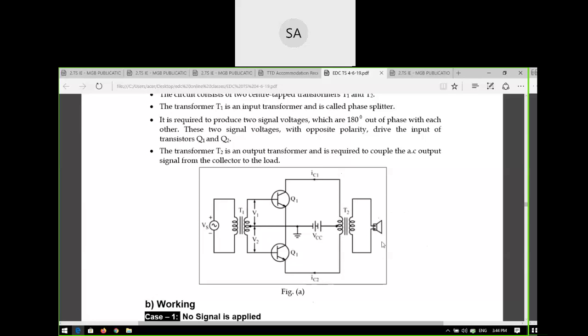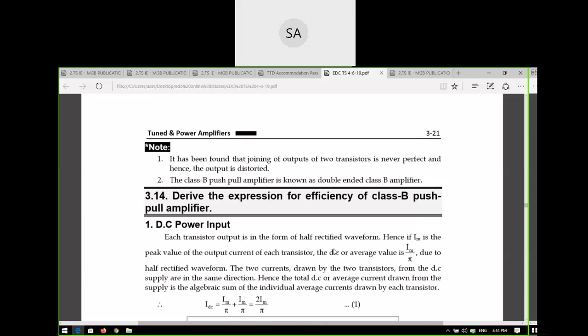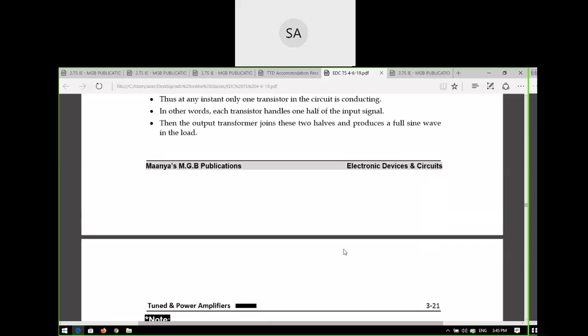But what is the major disadvantage? Distortion. We have some distortion because both transistor Q1 and transistor Q2 are not perfect, so the output will also not be perfect. That is called crossover distortion. We already discussed the types of distortion: amplitude distortion, phase distortion, frequency distortion, as well as crossover distortion.